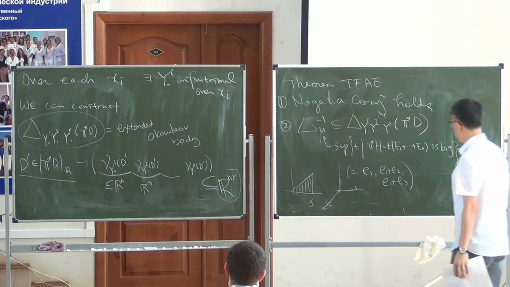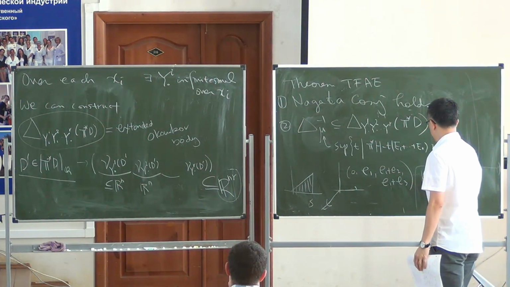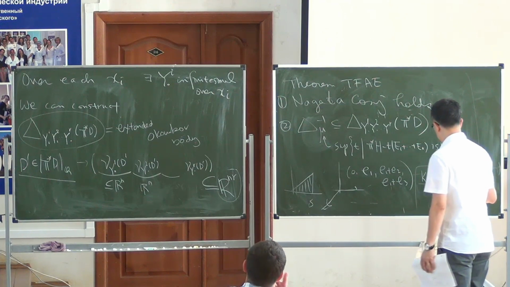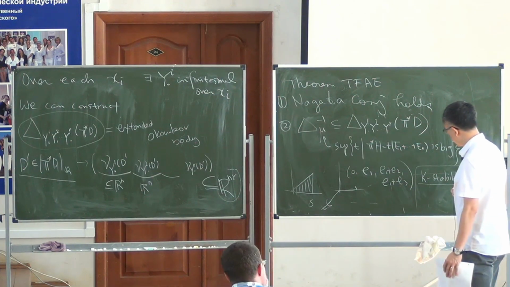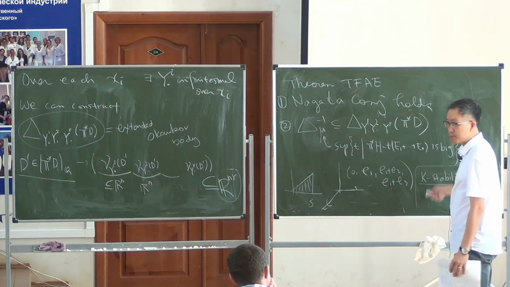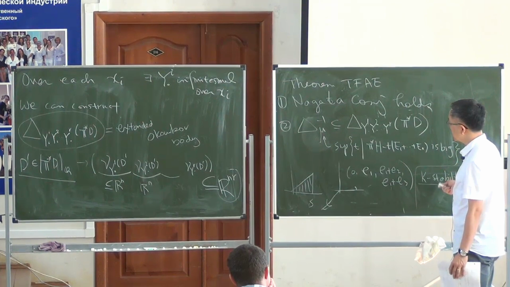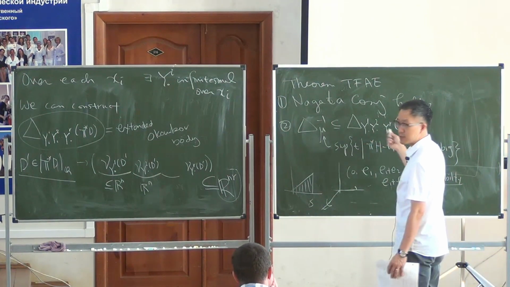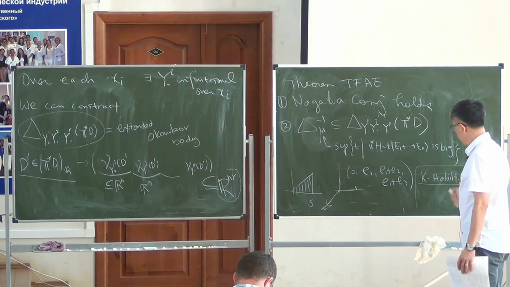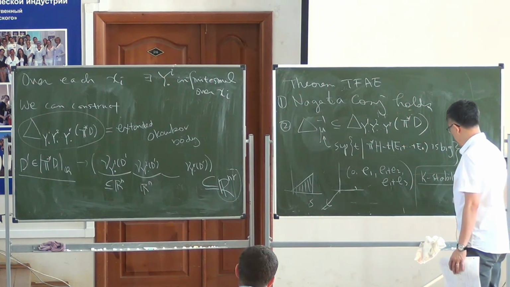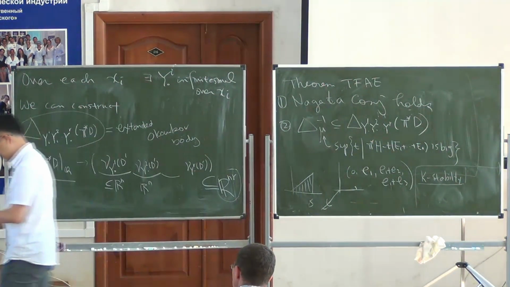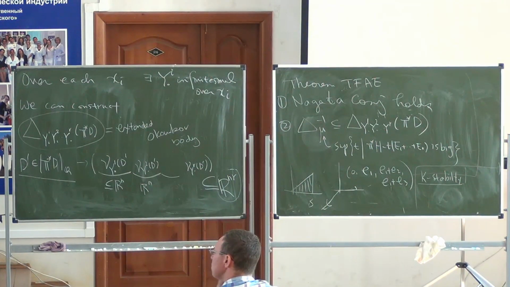I will not state them here, but even K-stability. So Ivan already talked about this a little bit, but here it's important to compute the volumes. And to compute the volumes, knowing the Okounkov body is sometimes useful. Okay, so I started seeing some nice applications just recently.